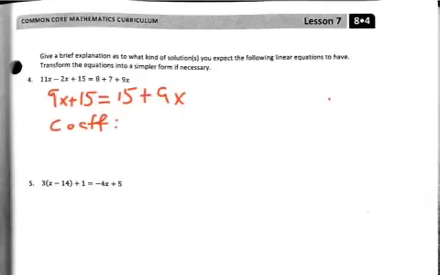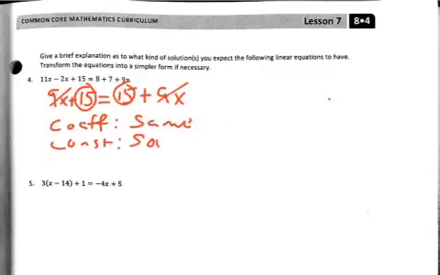Coefficients, they are the same. And then that tells me that they are eventually going to be canceled out, which is going to leave me just my constants, which are the same. So that means I'm going to have infinite solutions.